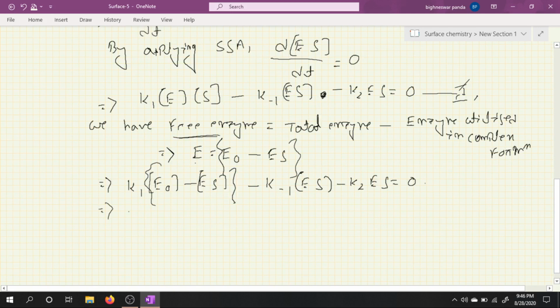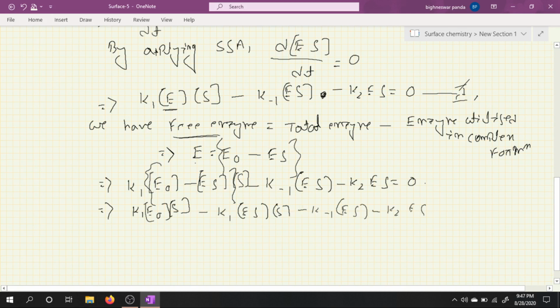By opening the bracket I can simply write K1 E naught S minus K1 ES S minus K minus 1 ES minus K2 ES, and it will be equal to 0.